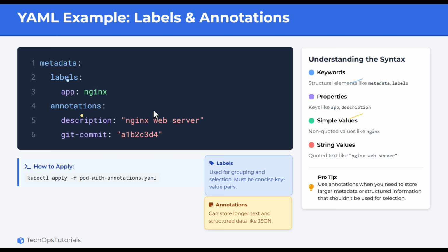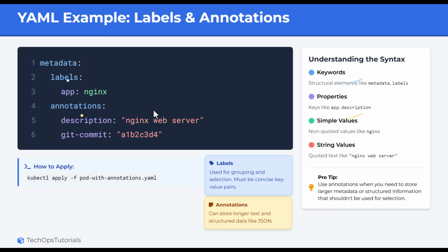In this YAML example, we are looking at labels and annotations. Labels are simple key value pairs used to identify and group resources. For example, here we have a label called app with a value nginx. Annotations, on the other hand, are used to store more detailed information.